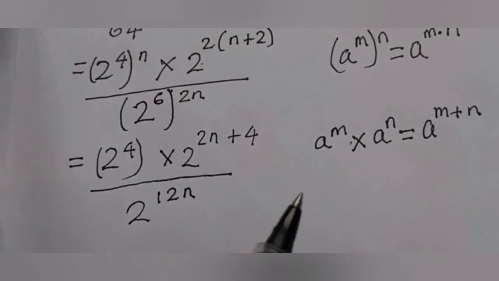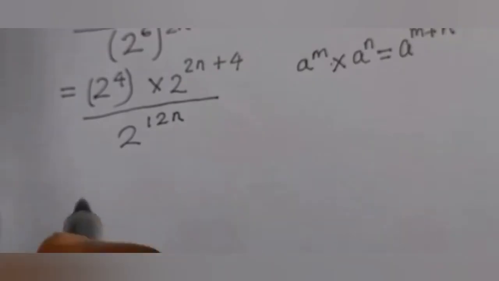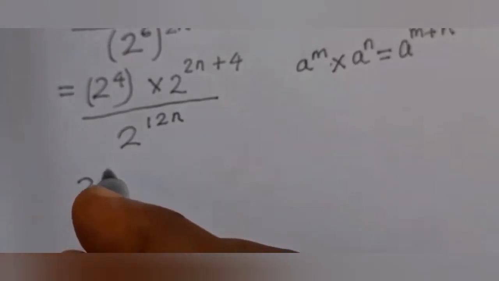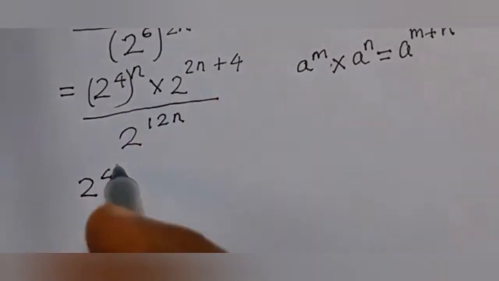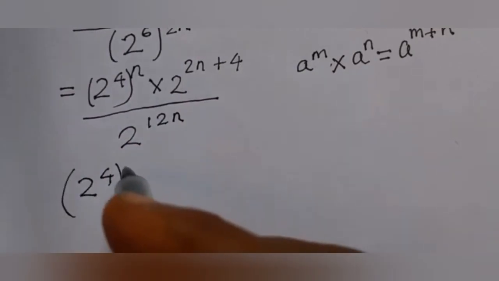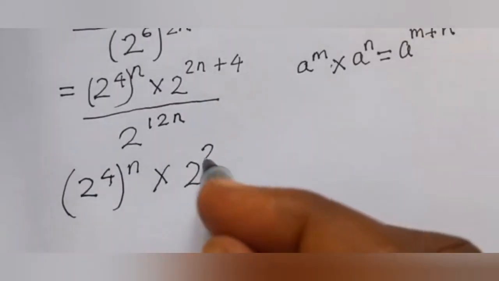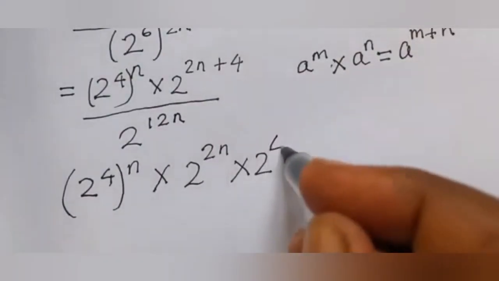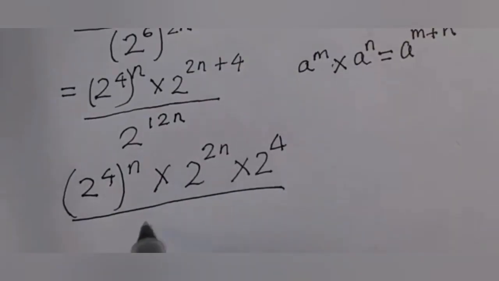So we have 2 power 4, sorry, here we have 2 power n in the bracket raised to power n times 2 raised to power 2n times 2 raised to power 4, over 2.